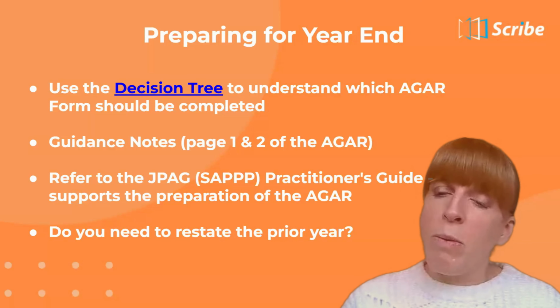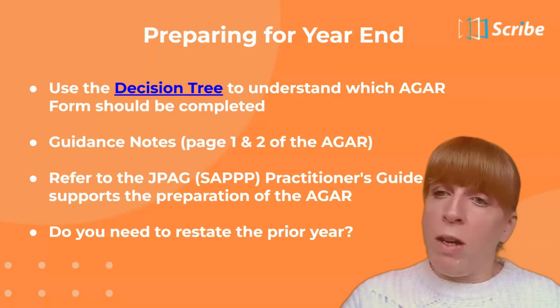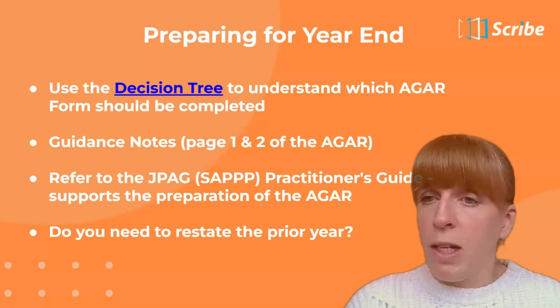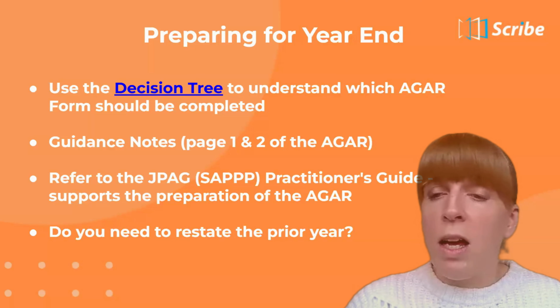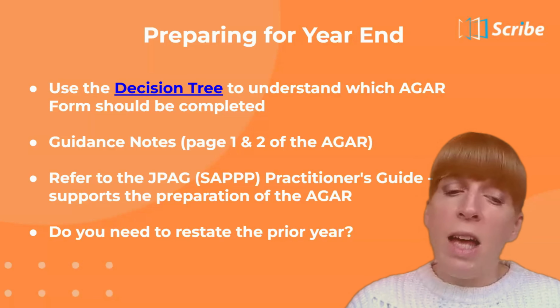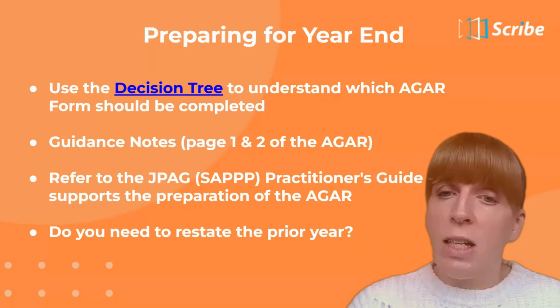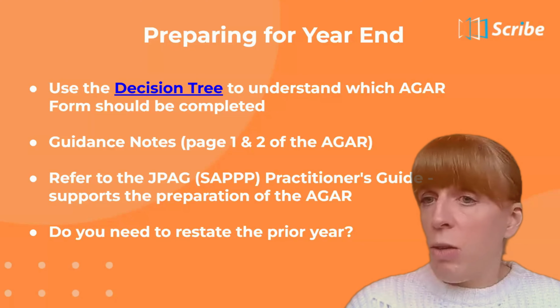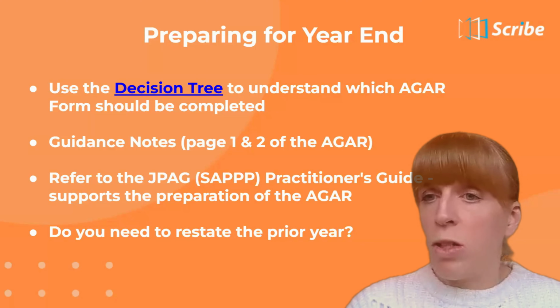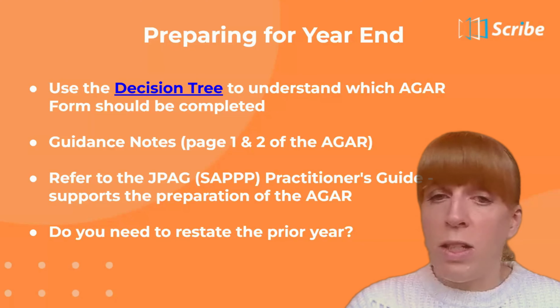And as I mentioned, when we were thinking about moving between receipts and payments and income and expenditure, or vice versa, and the requirement to restate, there are other reasons why you might need to restate last year as well. So if you've got any scenarios, such as the external auditor may have found something that was incorrectly done and asked you to amend the box values for last year.